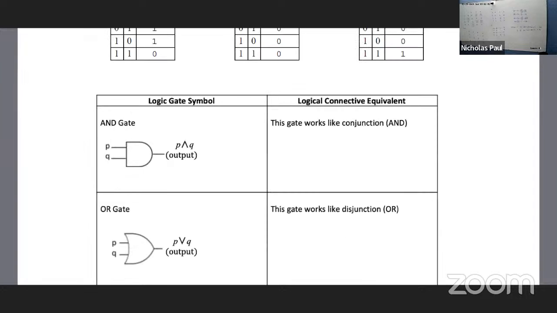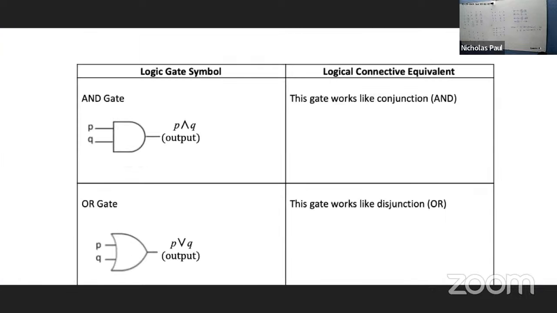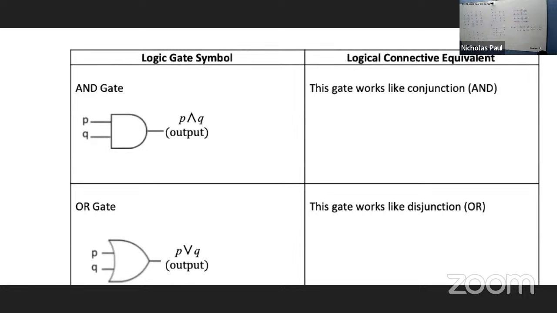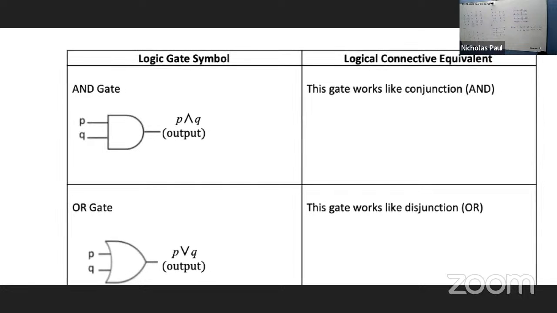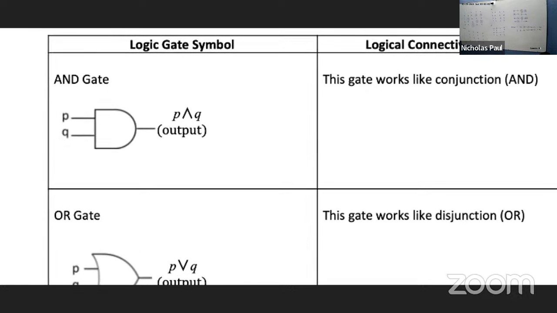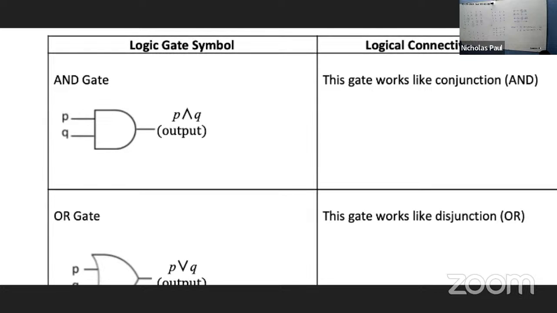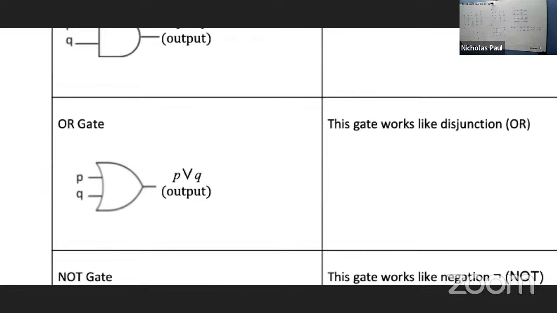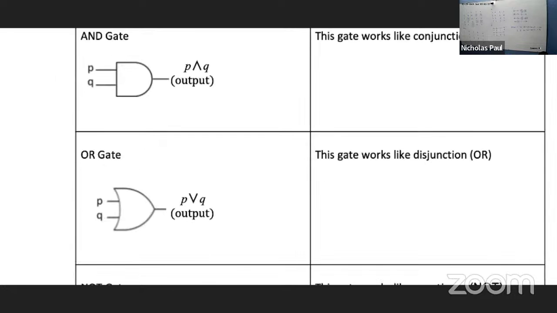Once you know your truth tables, then we need to be able to go back to your pure maths, where you could take the gate and find the logical equivalent connector. So for example, AND gate is that symbol there. What is it called in maths? Conjunction. And then OR is disjunction.